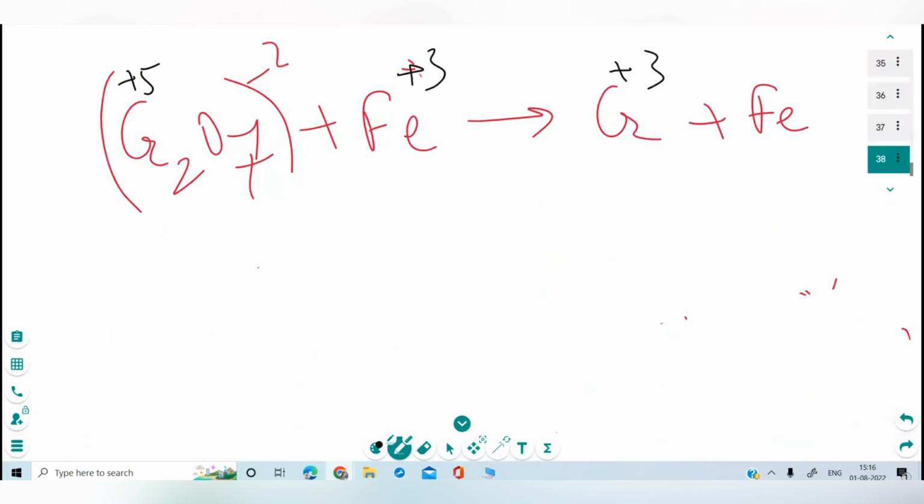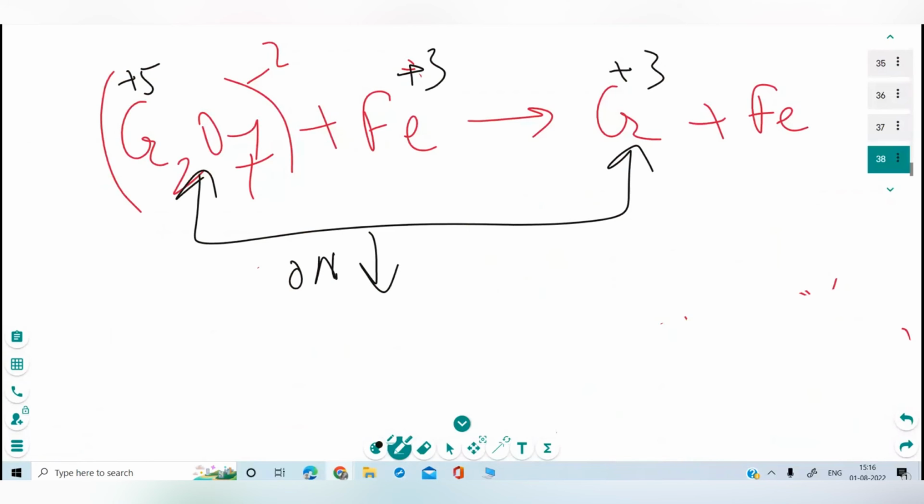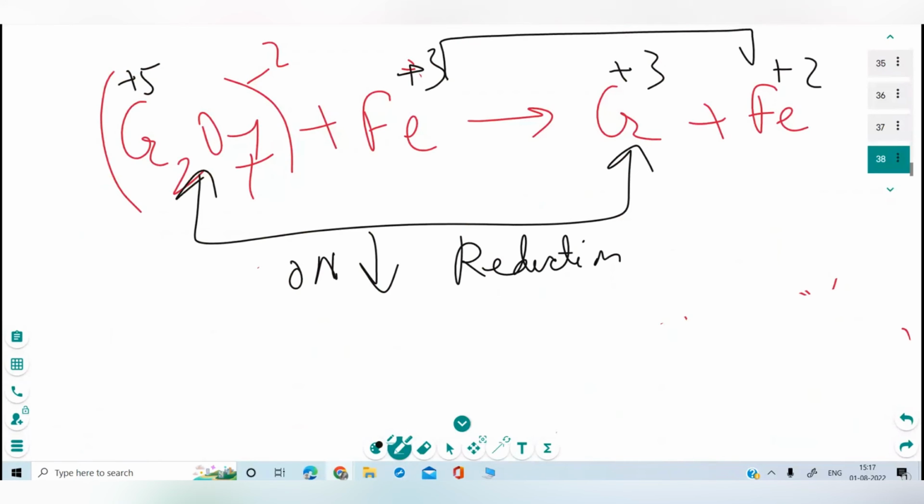So you will say, okay, chromium is decreasing, the oxidation number is decreasing. When the oxidation number decreases, what happens? Reduction. So here reduction is taking place. Then this will be 2, because here it is already 3. So from 3 to 2, again the oxidation number is decreasing. Again reduction. Can it happen in a chemical reaction? No. One has to be oxidation, one has to be reduction.